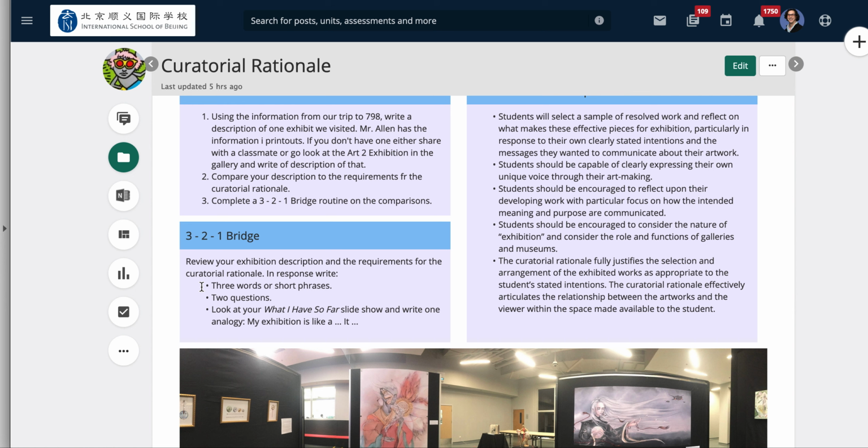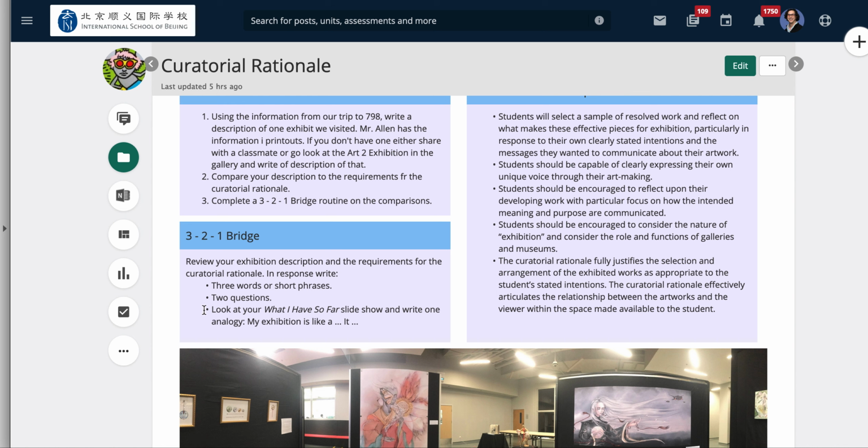To what extent are they the same and different? Although you can use this any way that you think helps you. Second, write 2 questions. These questions can be directed at anybody. They can be questions for yourself, for your viewer, for the IB, or about the curatorial rationale. It doesn't matter who you address the questions to. Just write 2 questions about how your writing and the specifics compare to one another.